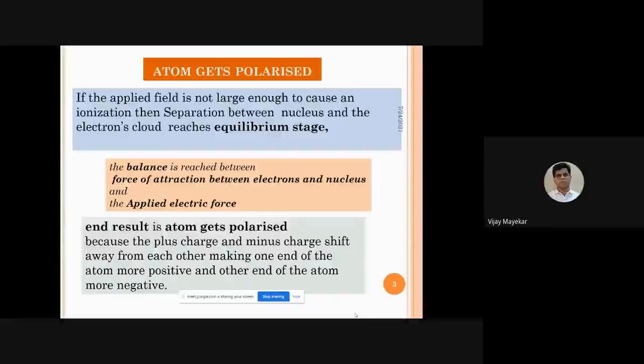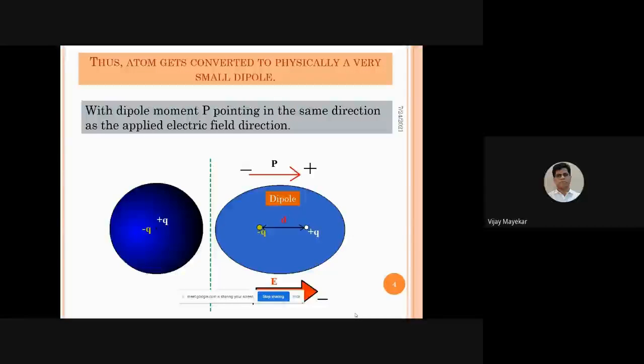There is a minor shift between the plus charge and the minus charge with respect to their center of operation. So when we look at the atom as a whole, it becomes something like a dipole, with one end positively charged and the other end negatively charged. We start with the primitive atom and apply an electric force.